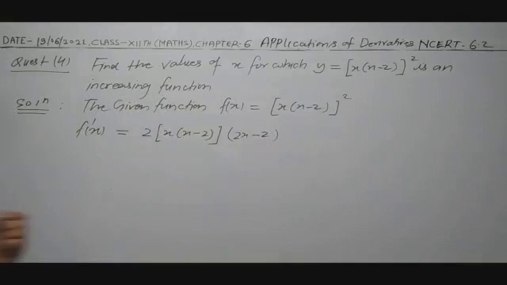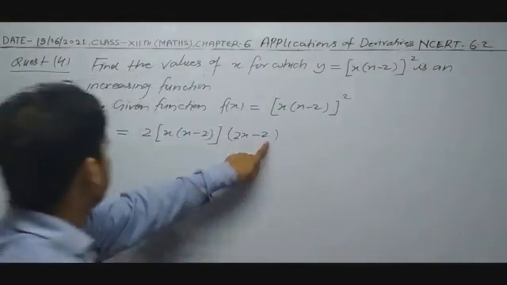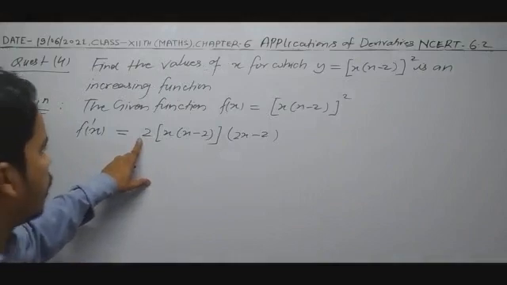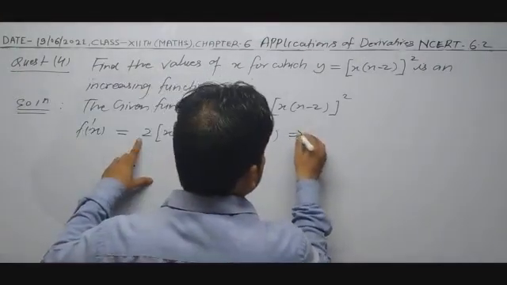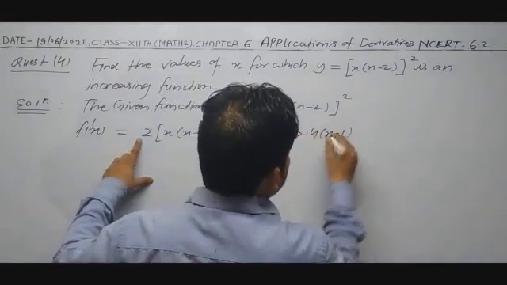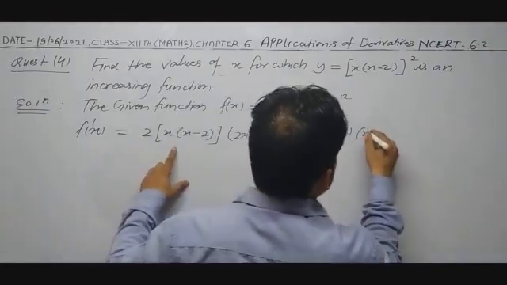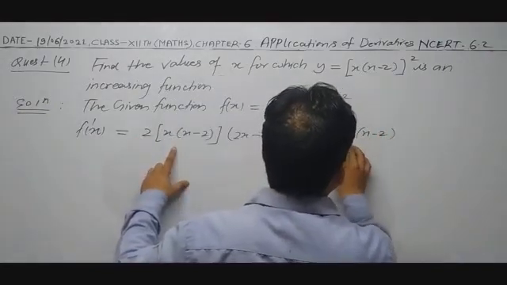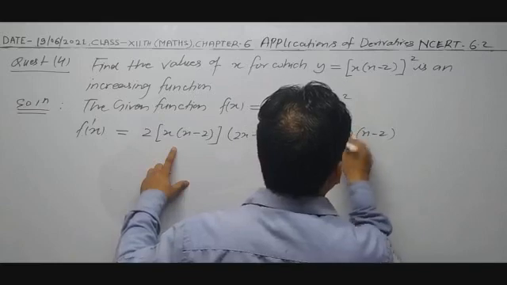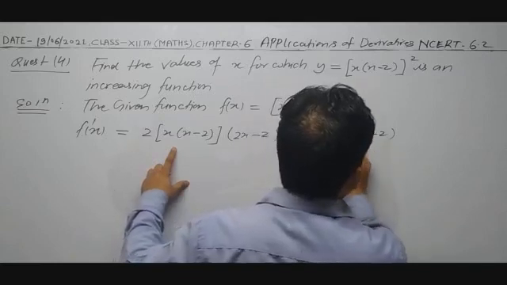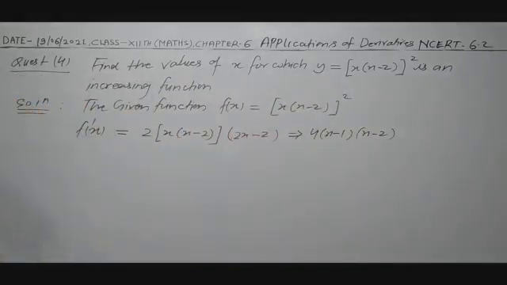So this is the exact differentiation, and when you take common 2, then it will be 4 times (x minus 1) and (x minus 2). 4 times x minus 1 and x minus 2. So this is the value of f dash x.